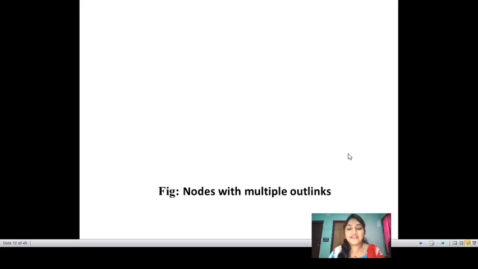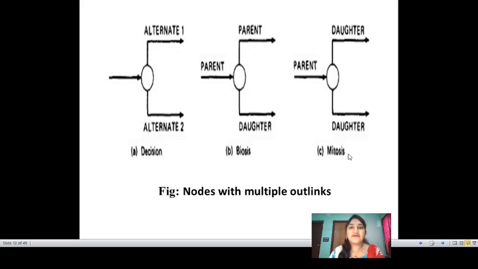See these diagrams, you will understand this better. This is the two-alternative decision. Decision gives two alternative methods, either this way or this way. And second, biases. The parent transaction is processing and suddenly it gives birth to a new child transaction, and keeps its own identity.